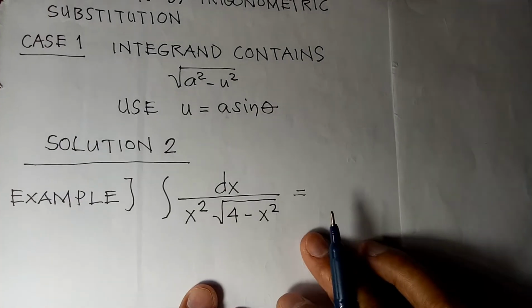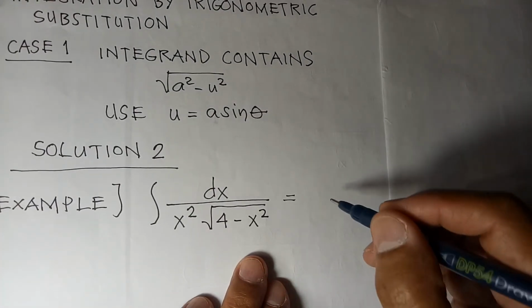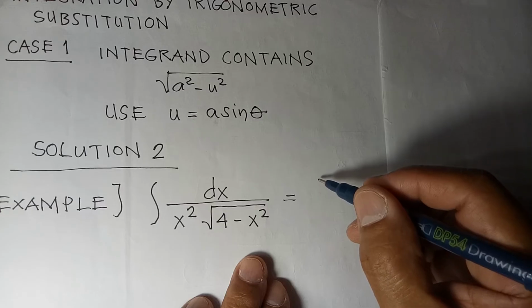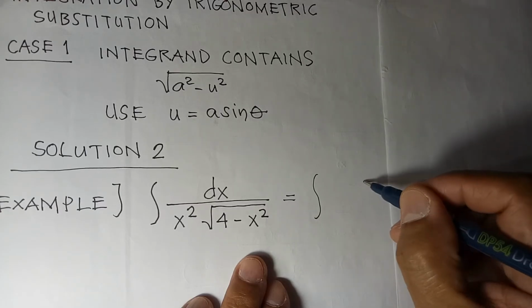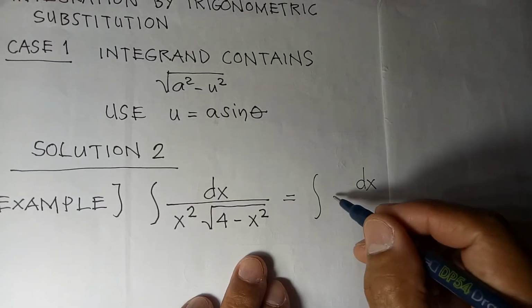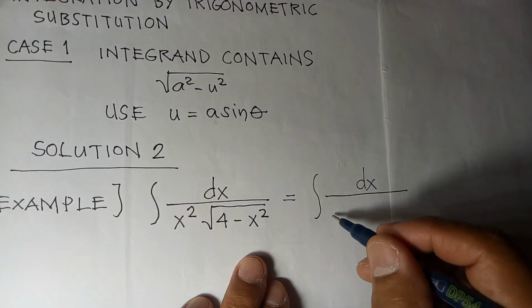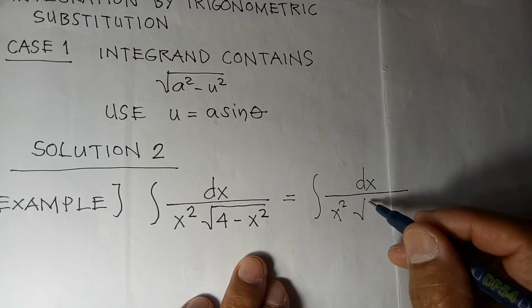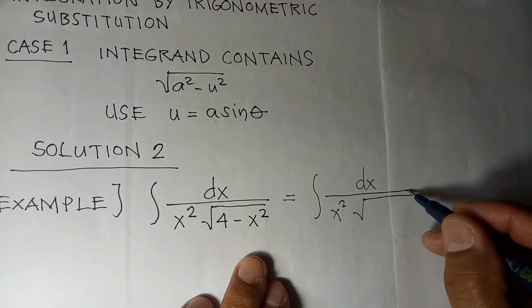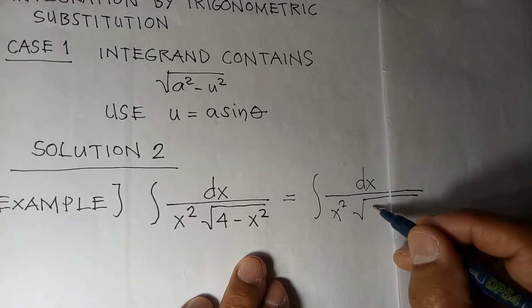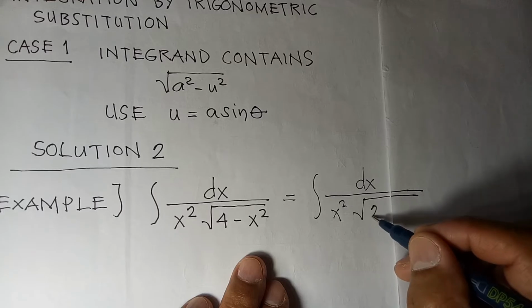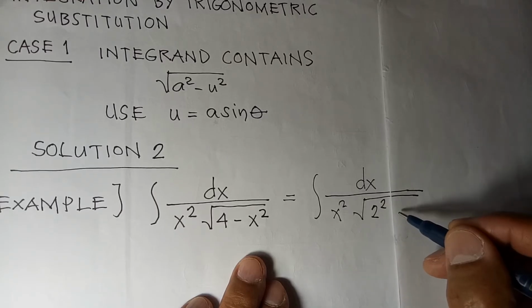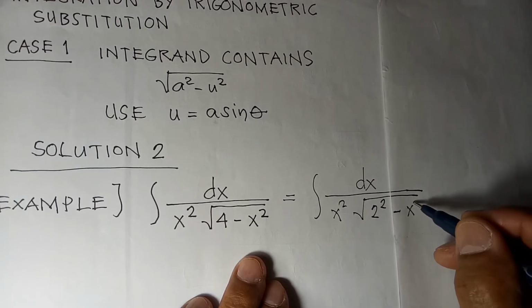So, equal din siya sa integral of dx divided by square root of x squared and then square root of 4 minus x squared. 4 minus x squared ay equal din sa 2 squared minus x squared.